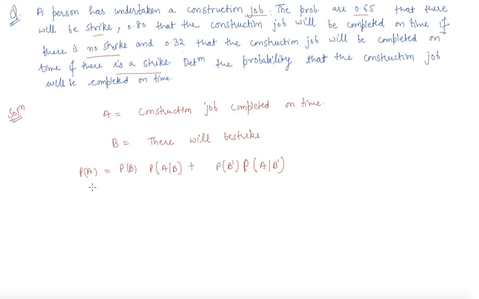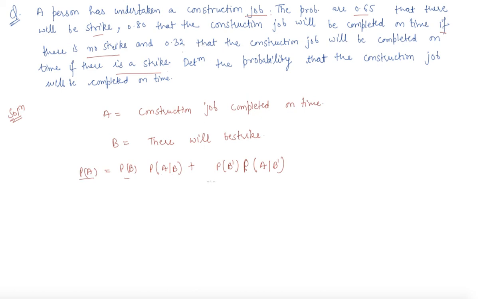This is the formula we have got from Bayes theorem, which states that the probability of the construction job being completed on time depends upon the probability that there will be a strike and the probability of completion of A when there is a strike.